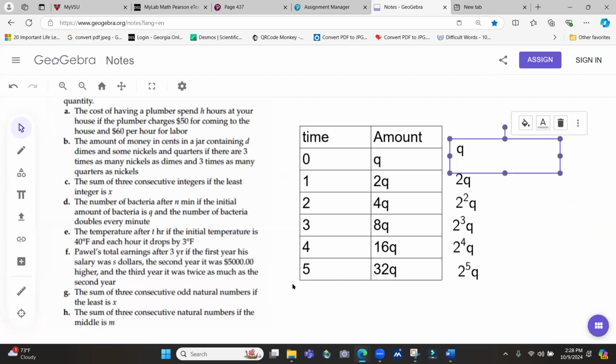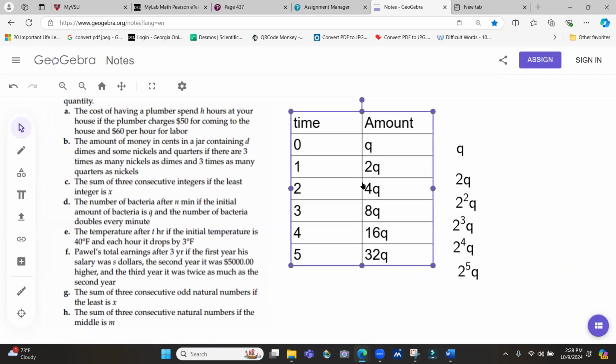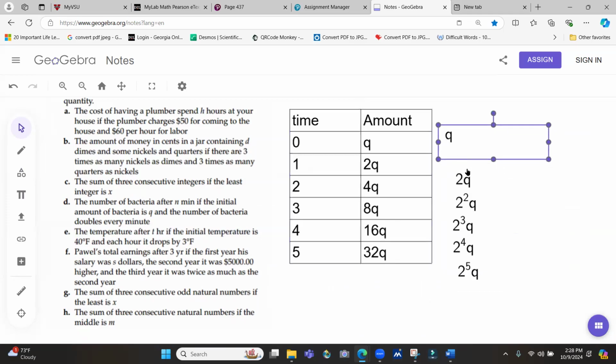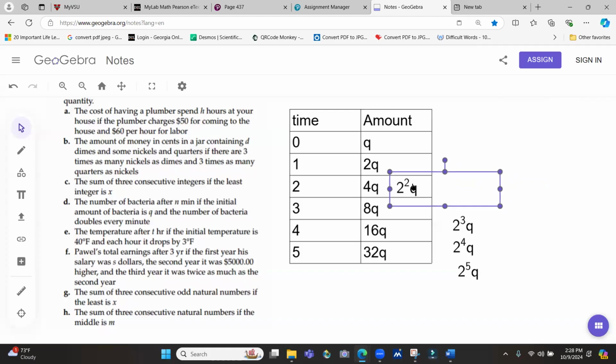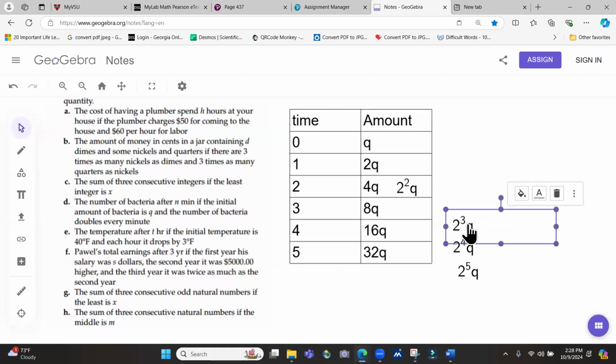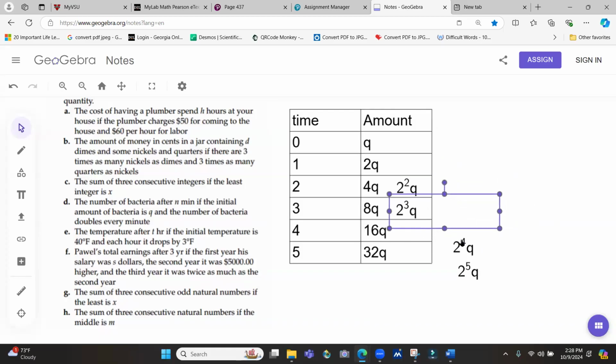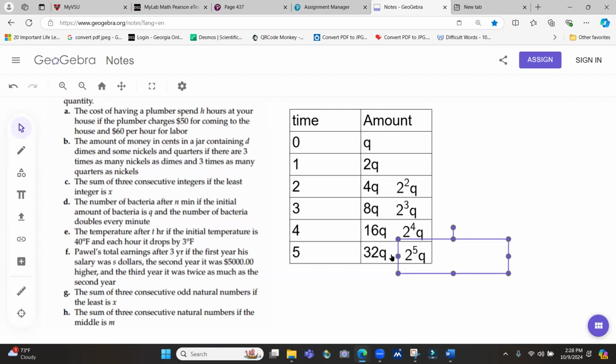Now you see the pattern, okay? So now you want to know after n minutes, it's going to be, I don't need 2Q and Q. I want this to be here.